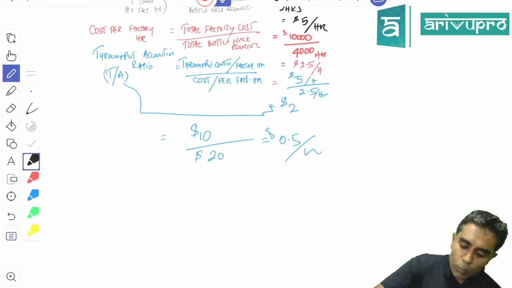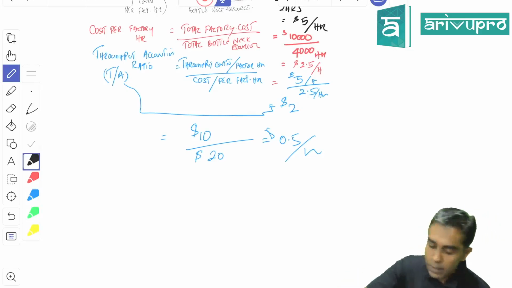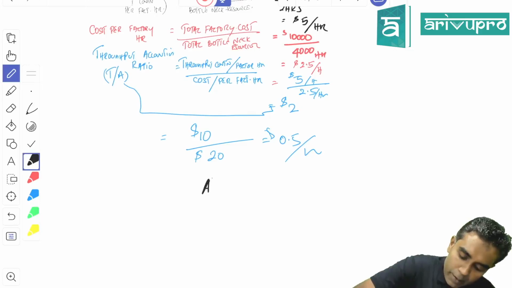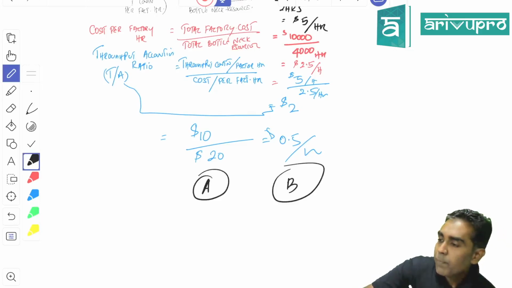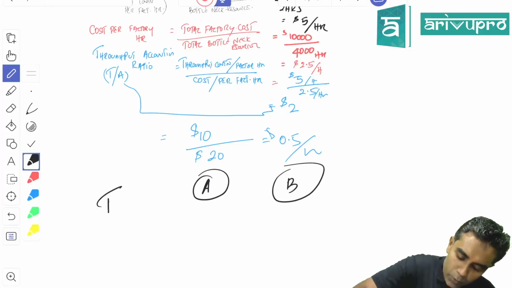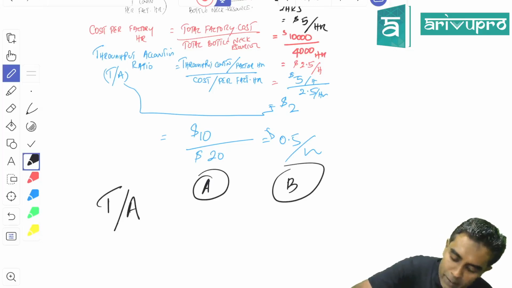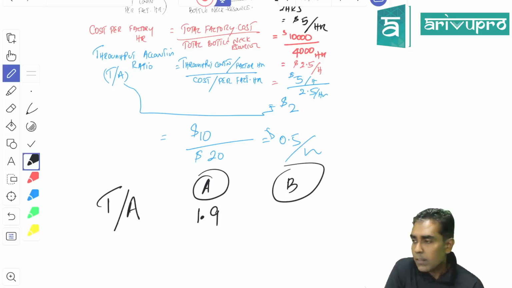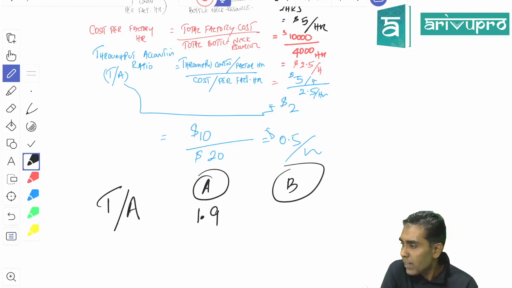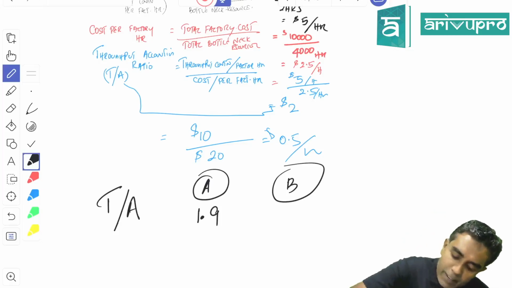Let's say there are 2 products in your company, Product A and Product B. They have given the TA ratio. Product A, the TA ratio is 1.9. Product B, the TA ratio is 0.9.